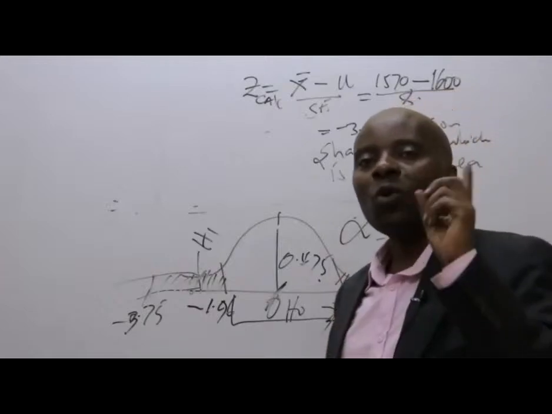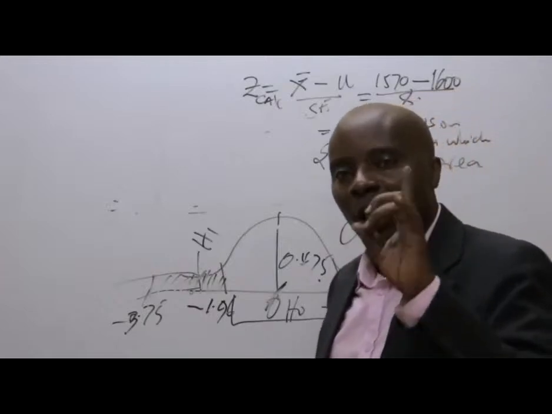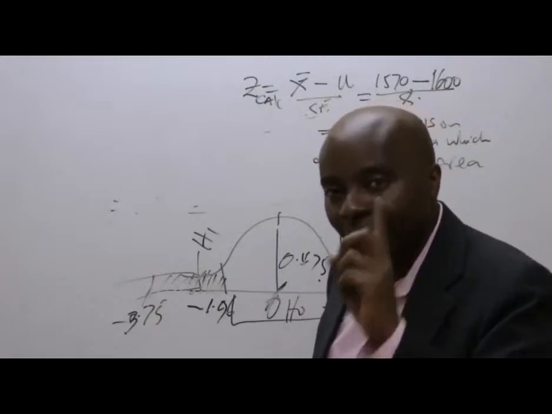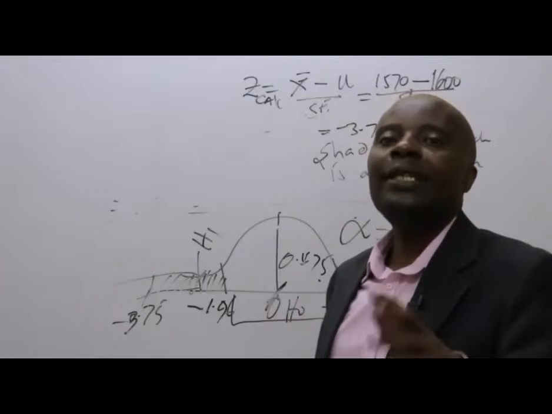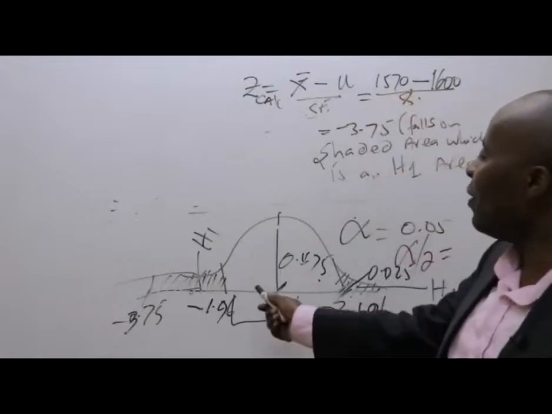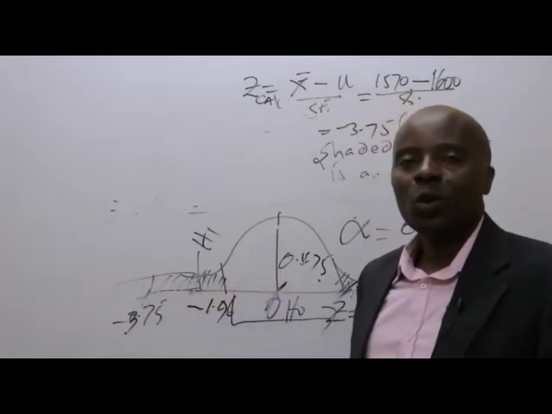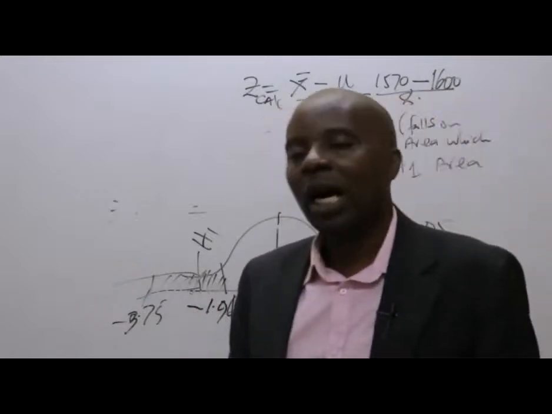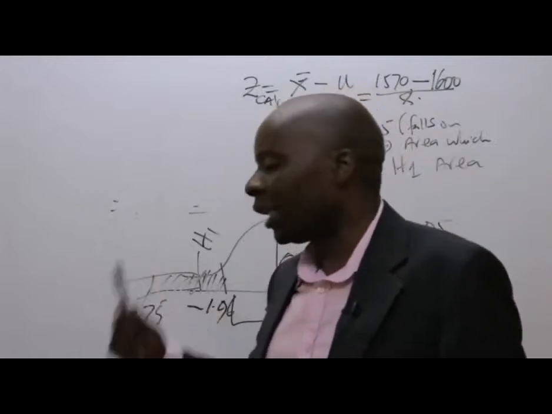The manufacturer who was claiming that his bulbs will light for 1600 hours has cheated us. Ideally, we expect much fewer hours, because it has fallen on the left-hand side.